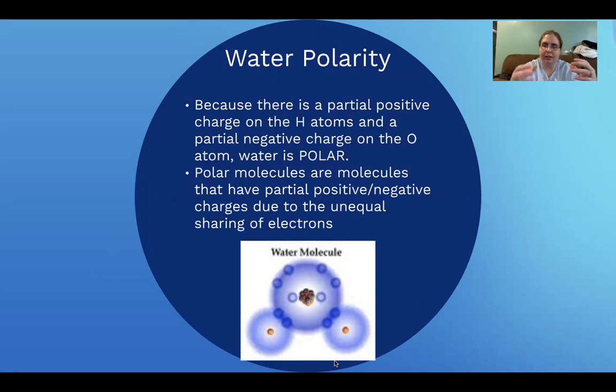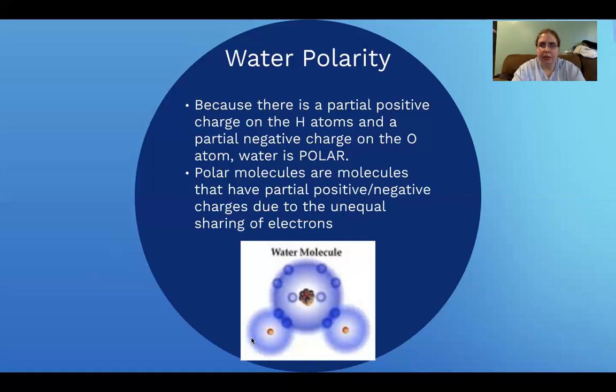And that's simply because, as you can see in the picture down here, the little tiny circles are the electrons. And they tend to be grouped more densely around the oxygen, which is why the oxygen has a slightly negative charge. Whereas on the two hydrogen, there are no electrons on the outer edges. So the closest thing to the outside would be the nucleus, and that contains the positive proton. So that's why they have a more positive charge.